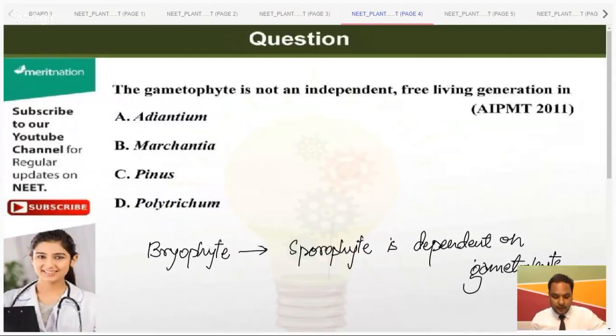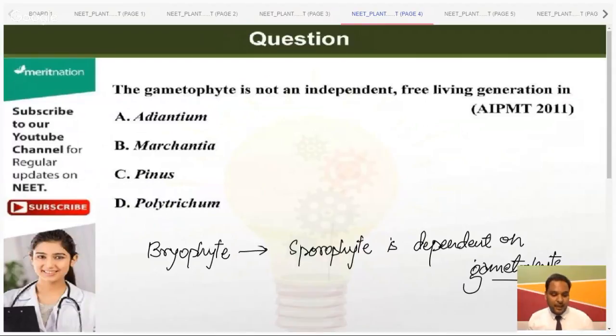In bryophyte, the sporophyte is dependent on gametophyte. This is the property that I was trying to discuss with all of you. So I'll just do it a little up so that it will be clear. So everyone, in bryophyte, sporophyte is dependent on gametophyte.